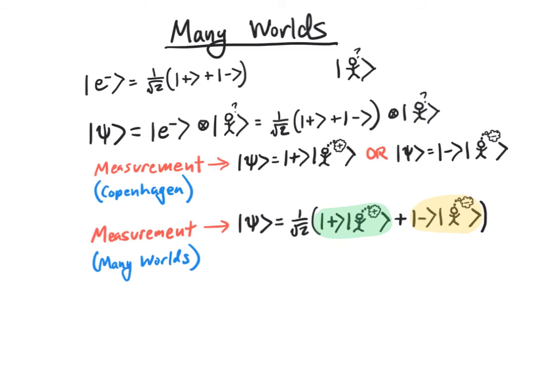This interpretation leads to all kinds of fun, hypothetical scenarios. One of my favorites is called quantum immortality. What it says is that if there exists a non-zero probability for you to survive into the next moment according to the wave function, then there is some history in which you do survive.